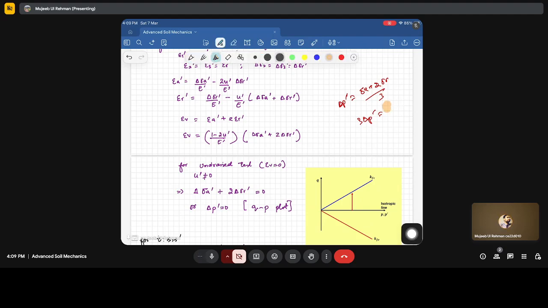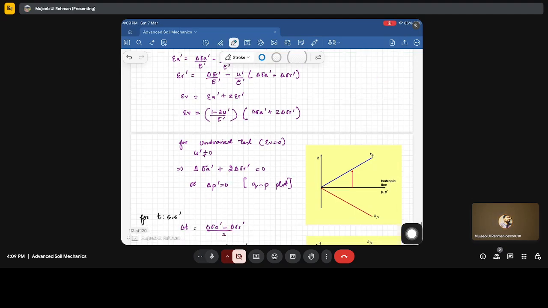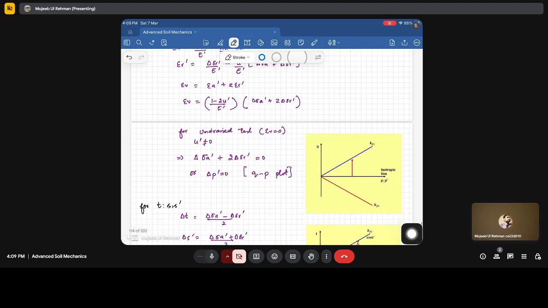Since it is incremental, we can write the increment here. So it means that delta p dash is equal to 0. So how will the stress path move? It will be a vertical line. Fine. So the change in p will be 0, and q will keep increasing, so the slope of the line will be infinity. Fine. So this is an important point to note.